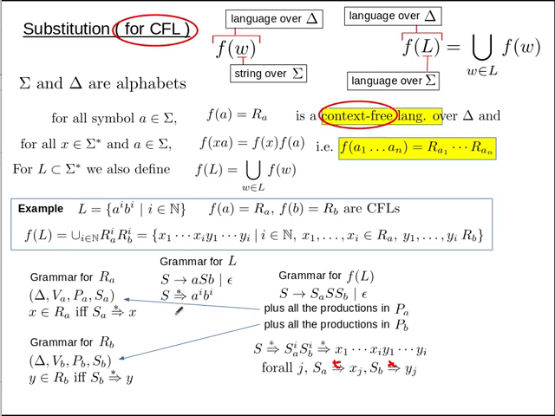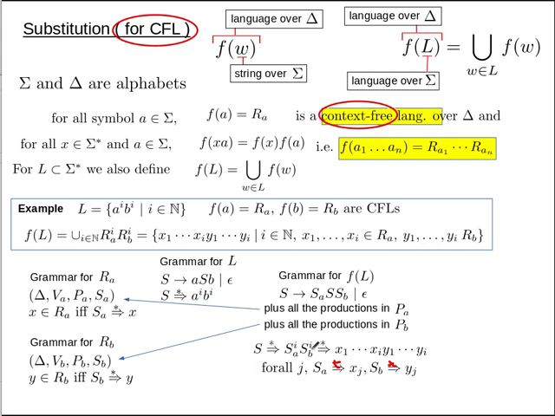If I take any language here, and I replace A and B in the productions with SA and SB, then whatever string we were generating for this language L, we will generate the same form of sentential form, but A and B will be replaced by SA and SB.